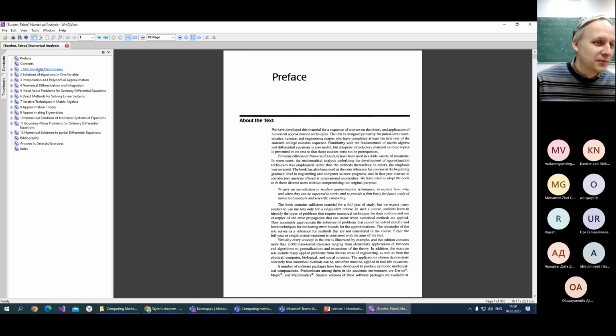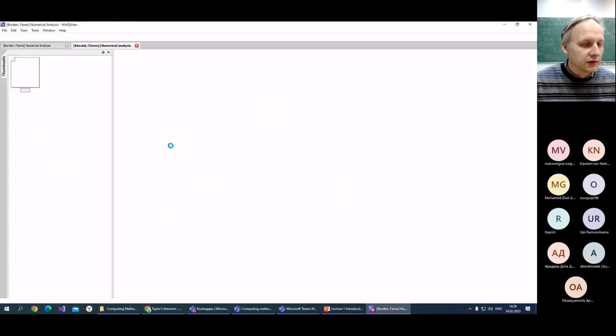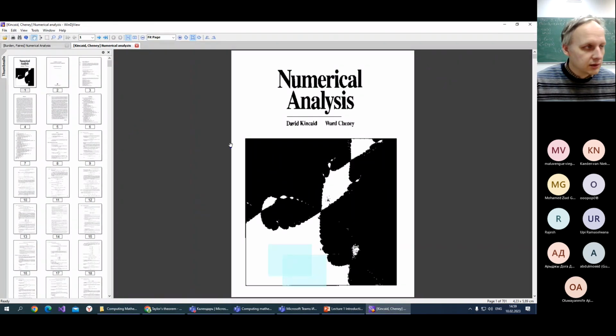It starts from mathematical preliminaries, then solution of nonlinear equations, then interpolation, differentiation, integration, initial value formula. So any book of computer mathematics, any book on numerical analysis contains this information.